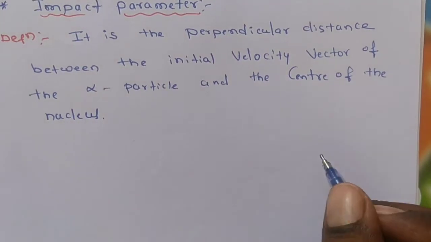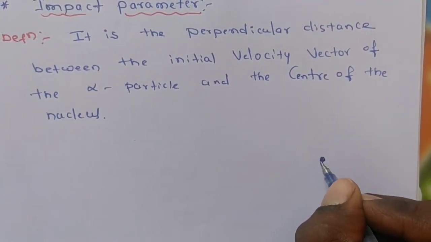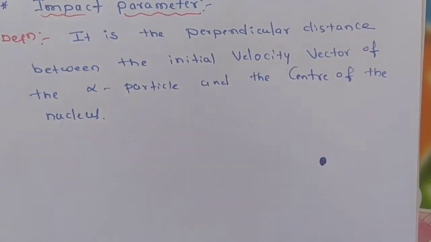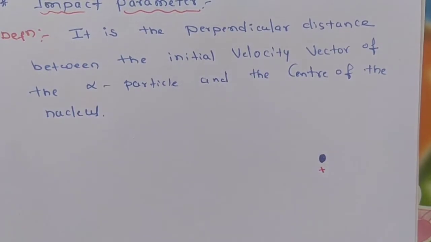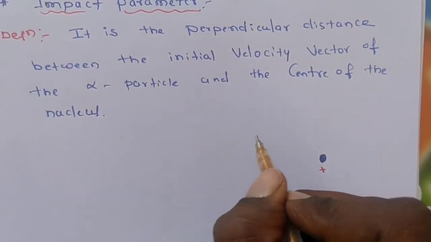Here I will show the diagram. This is the nucleus, with positive charge. These are the alpha particles emitted from the source.